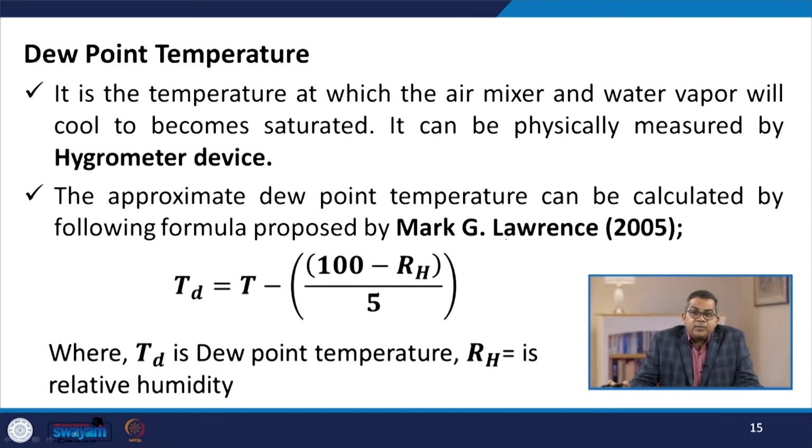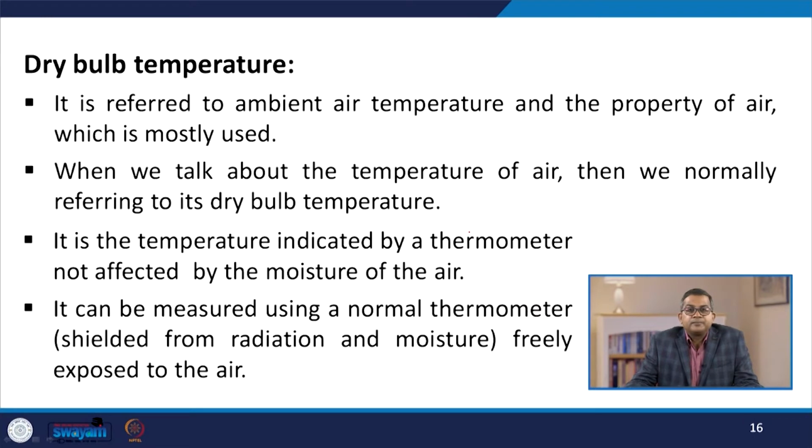The approximate dew point temperature can be calculated by this mathematical relationship given by Lawrence: Td equals T minus (100 minus RH) upon 5. Here Td is the dew point temperature and RH is the relative humidity.